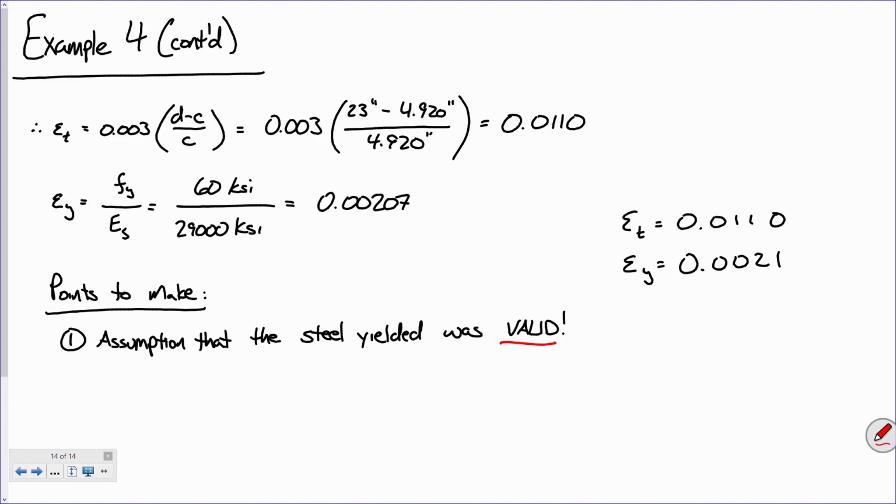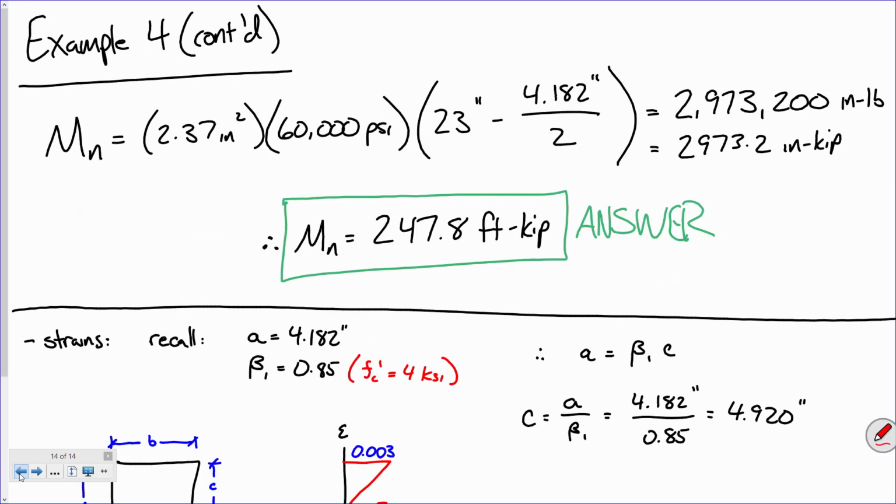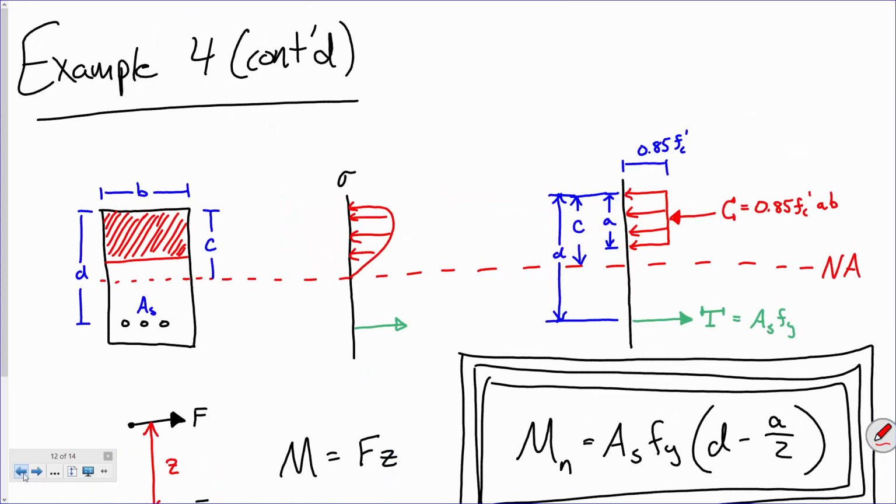That's a good question. We assumed that when we assumed that this force was the area times Fy. Keep in mind, this is our stress distribution, and we're talking about ultimate loads, and we assumed that the strains would be large enough such that this would reach Fy.